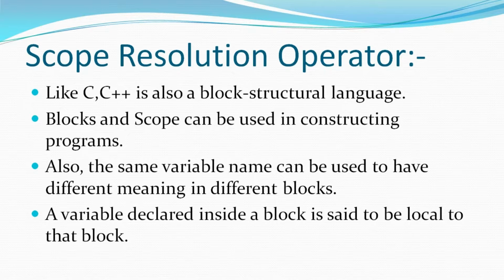And one thing more: a variable declared inside a block is said to be local to that block. It means whenever we define any scope, a block, and we declare and define any value there, its validity will be in that block only. It means it will be local to that block.